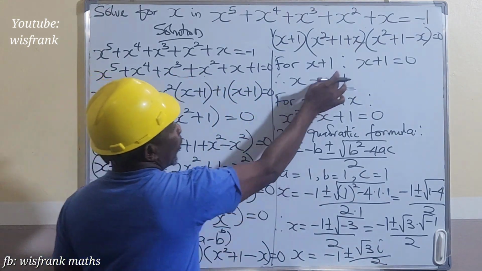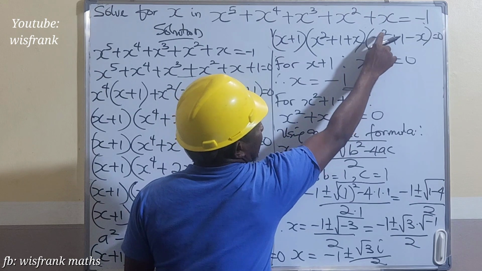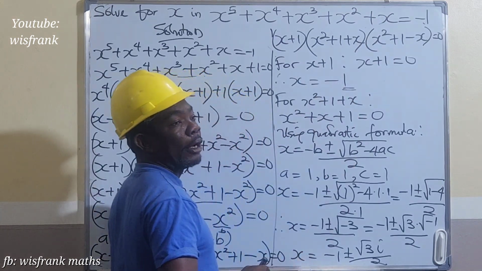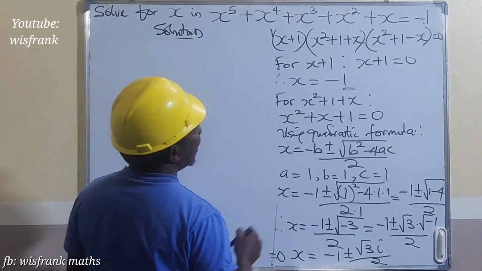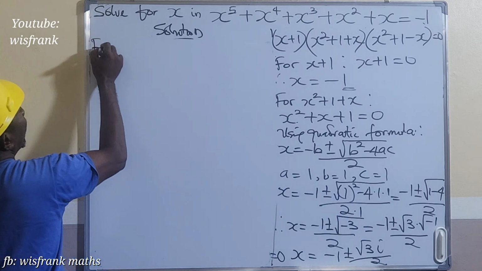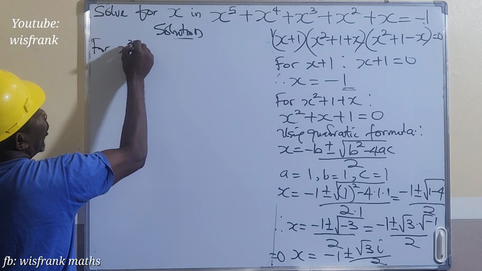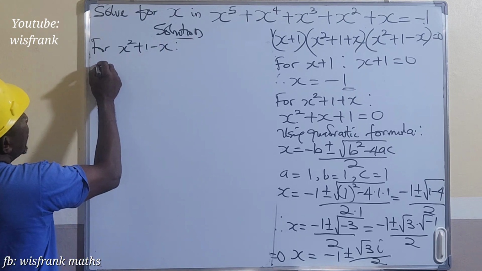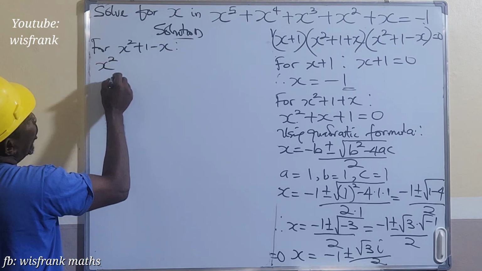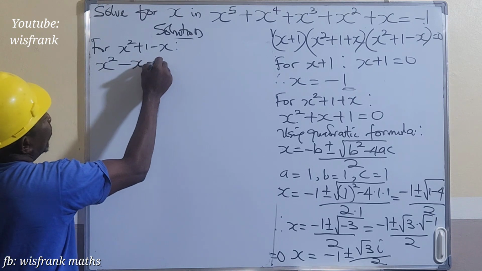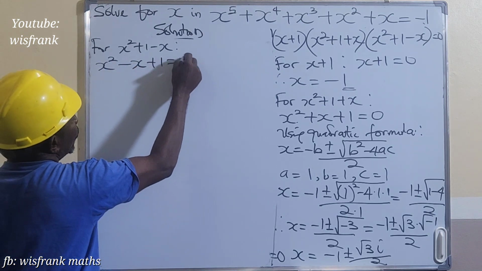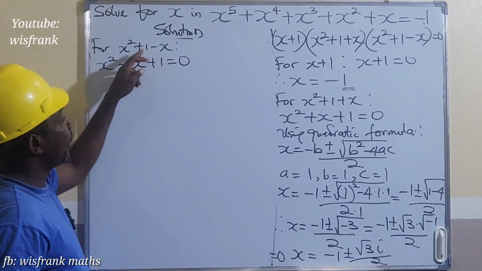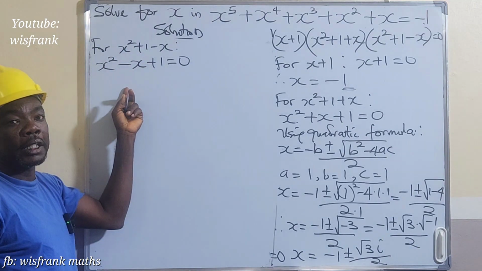Here, we are going to take the third one, which is x² + 1 − x = 0. As we said, for the third one, x² + 1 − x, this becomes x² − x + 1 = 0, because we rearranged it and it turned out to be a quadratic equation.